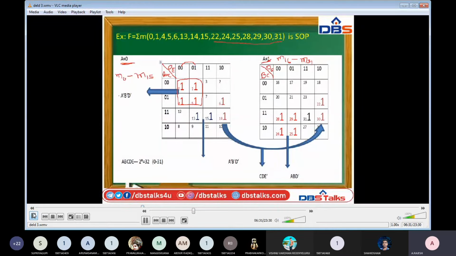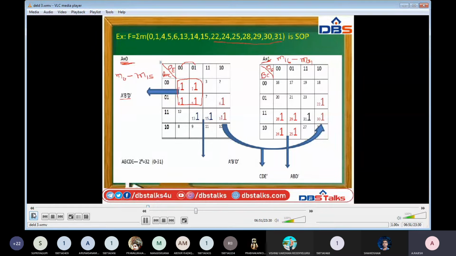That means D complement. So the term is A complement, B complement, D complement.